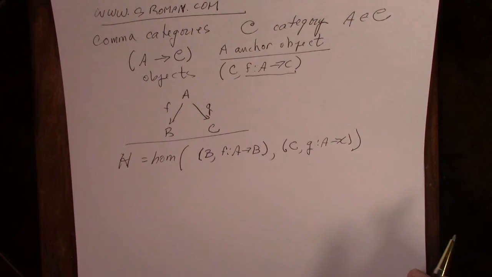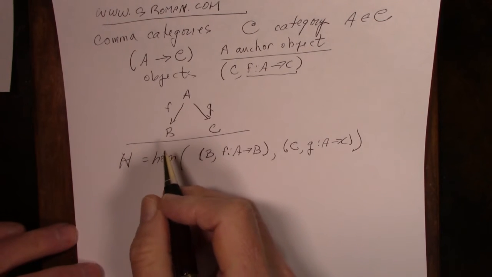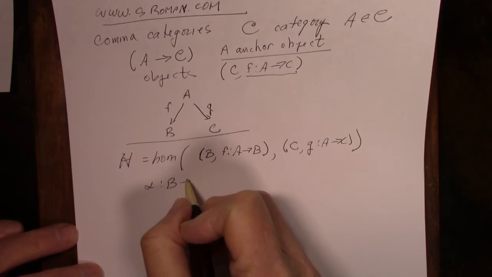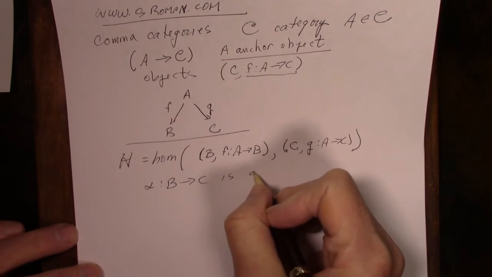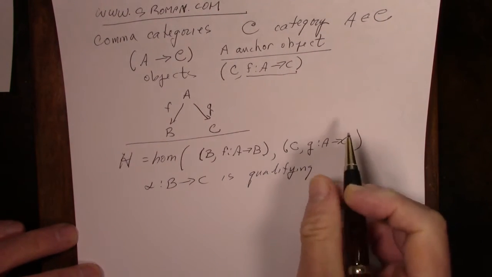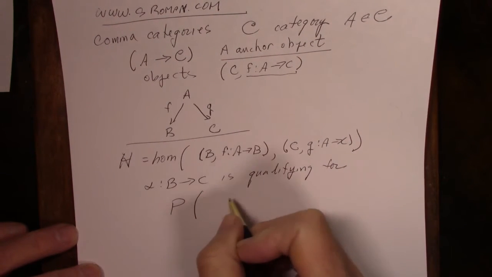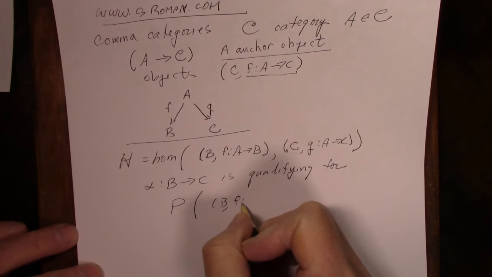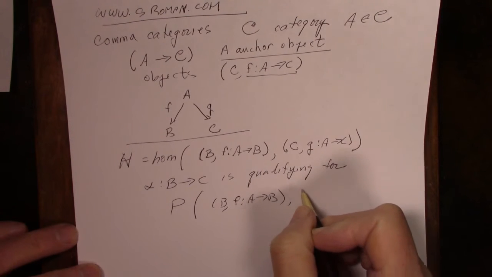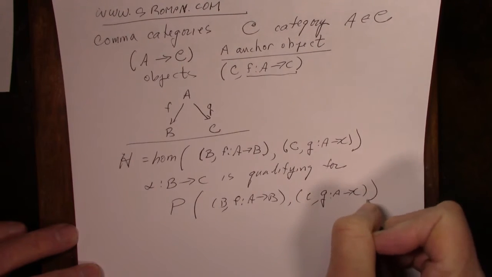So what are these morphisms? Well, let's make another temporary definition. Let's say that a morphism alpha from B to C is qualifying for the pair (B, F, A), (C, G, A).